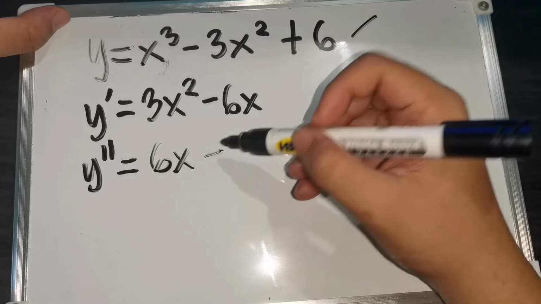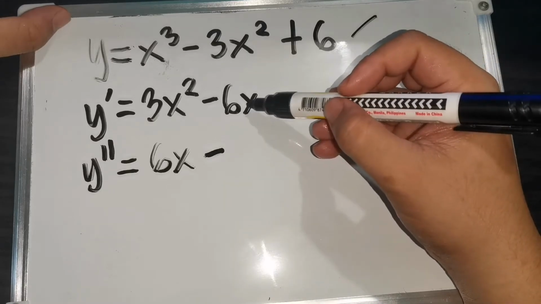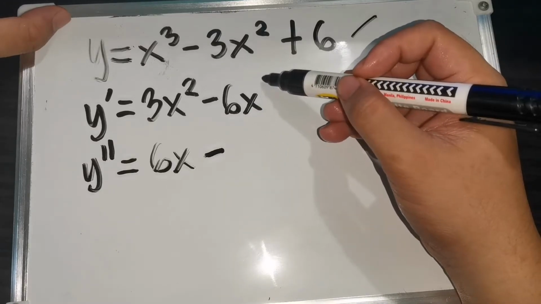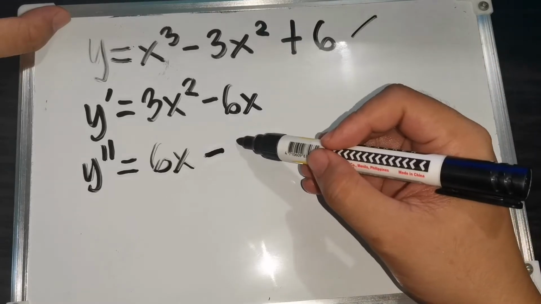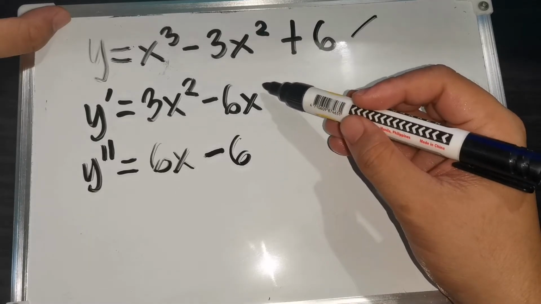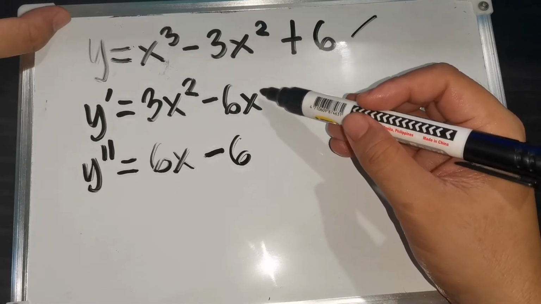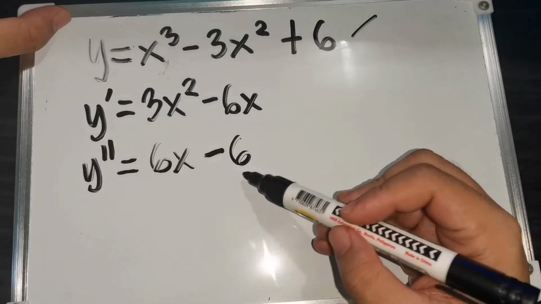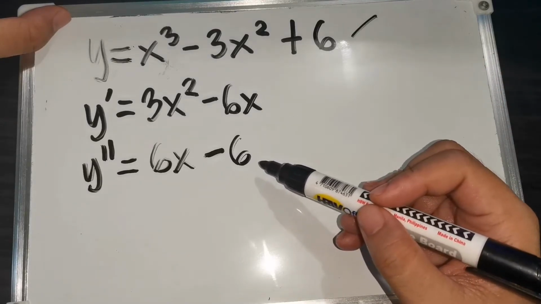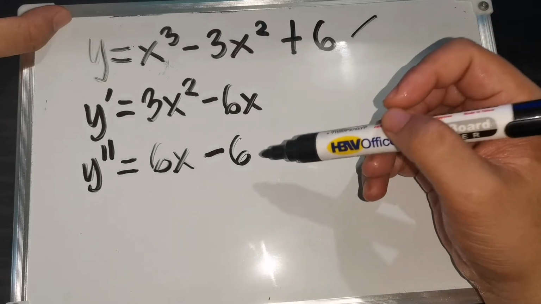So minus, what will be the derivative of 6x? There's an exponent here multiplied by your numerical coefficient 6, so that will be equal to 6. Then we subtract 1 to your exponent here, that will be 1 minus 1, or simply x raised to 0 is equal to 1. So we don't need to put your 1 here because it doesn't affect your value.